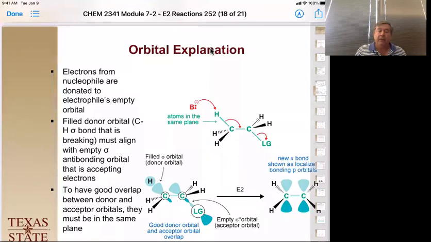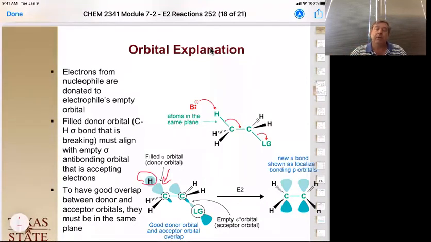When we do that, we're going from an sp3 hybridized carbon to an sp2 hybridized carbon in the process. What's happening is that as the hydrogen gets pulled away, the sp3 orbital that was bound to it breaks apart and turns into an s orbital, and the s orbital is then shared with the other sp3 hybridized orbitals to turn them into sp2 orbitals.